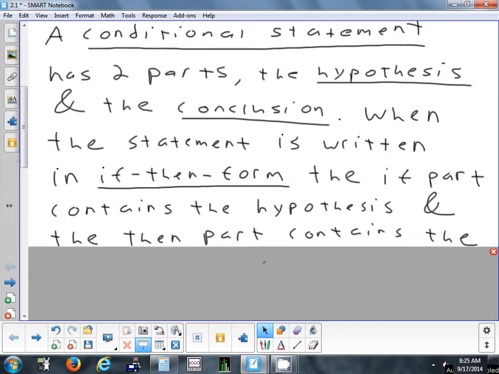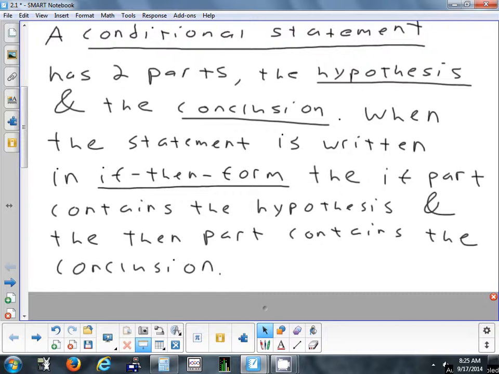Okay, so whatever comes after the if is your hypothesis. Whatever comes right after the then is the conclusion. If you have a statement that's not written in if-then form, then it can be a little tricky to figure out what the hypothesis and conclusion are. We'll practice that a little bit.